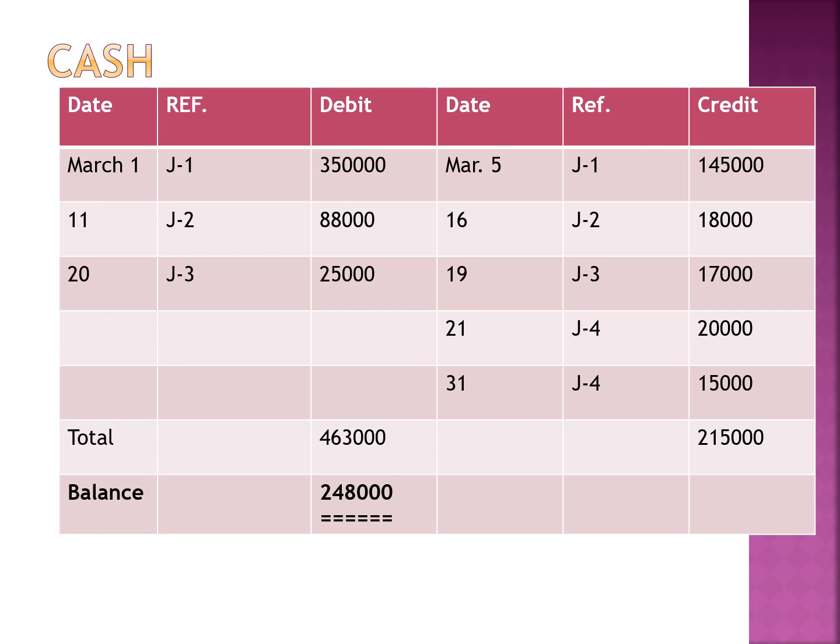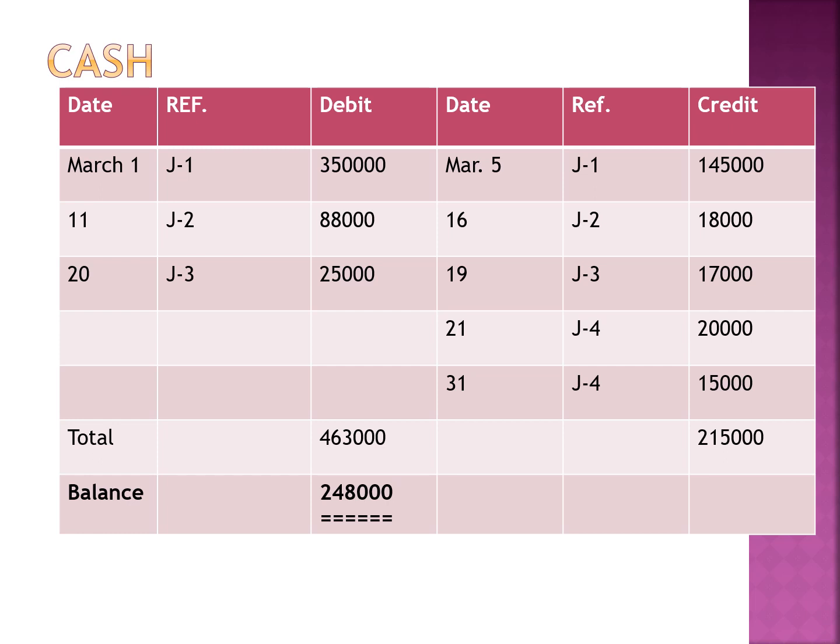The numbering is based on my paging of the general journal slides: the first slide, the second slide, the third slide for our general journal discussion of the books of accounts. Next, on March 11, on slide 2 of my general journal, debited 88,000 for cash, so our reference is journal 2.